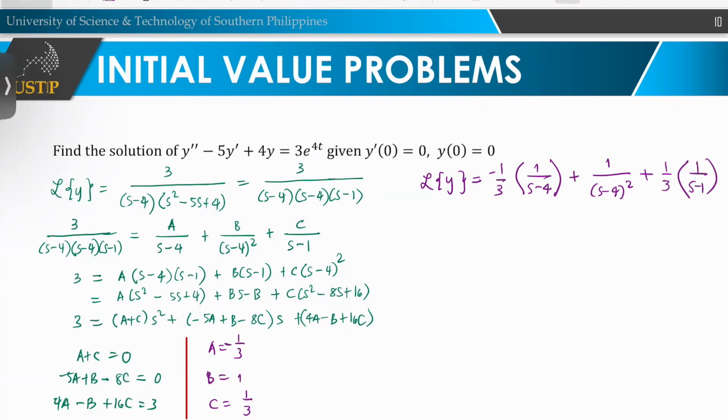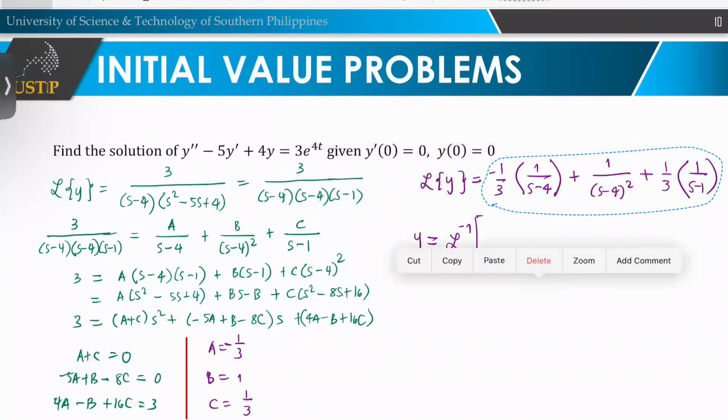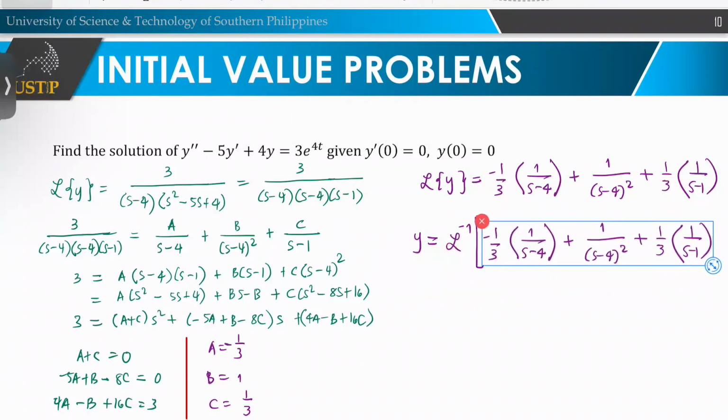Okay, and then, mao na ni siya ang kinahanglan ta i-inverse. So, that means, ang y is just the inverse of everything. Okay, inverse ta tanan. So, if you get the inverse, linear property ra gihapon, pwede per term ang pagkuha.